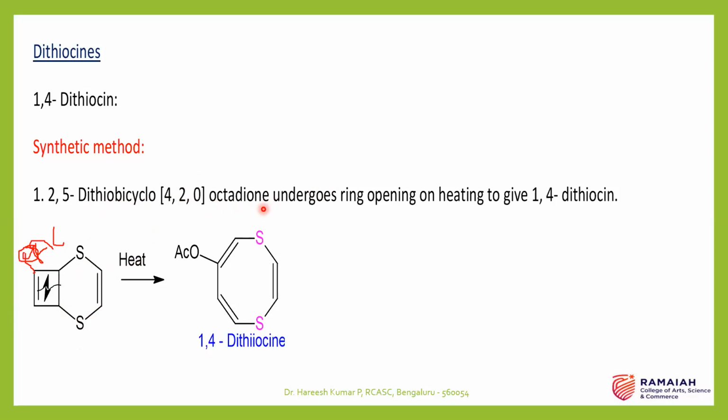Octadione. So where is the O? No, there is no O here. What you can observe, just take this moiety. So what is that? 1 acetoxy, 2 comma 5 dithio, bicyclo 4 comma 2 comma 0 octane.